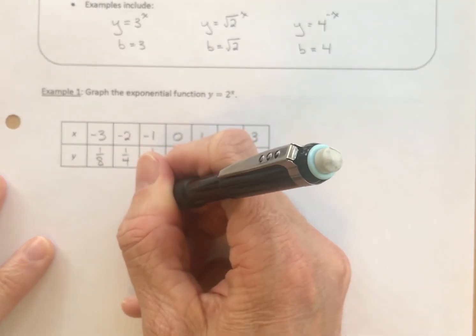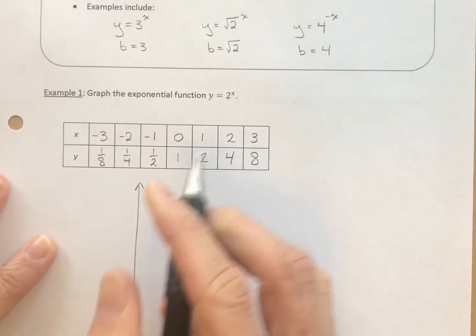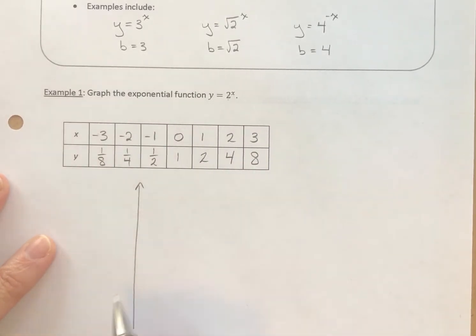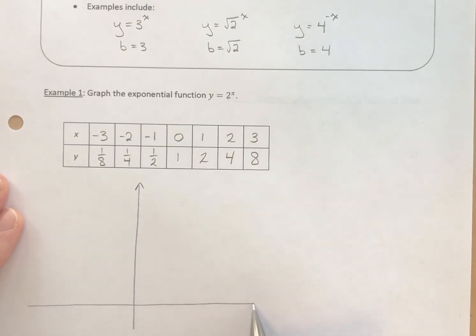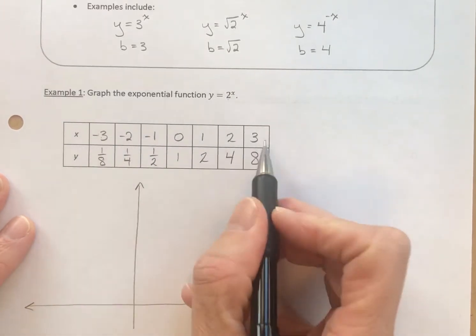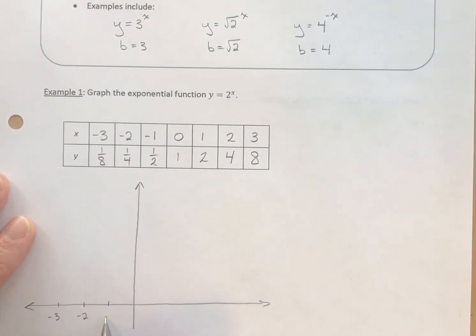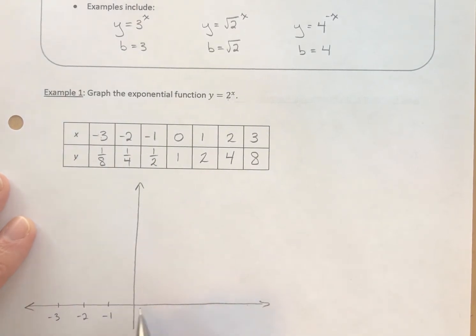I'm not going to be overly fancy. I'll do this one by hand. Do notice that all my y's are positive, so I'll stick to quadrants 1 and 2 in this case. And x's go from -3 to 3, so I will go from -3 to 0, and then from 0 to 3.